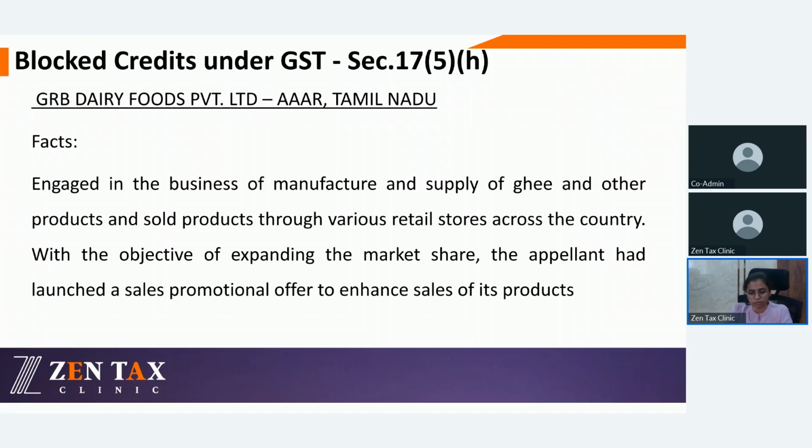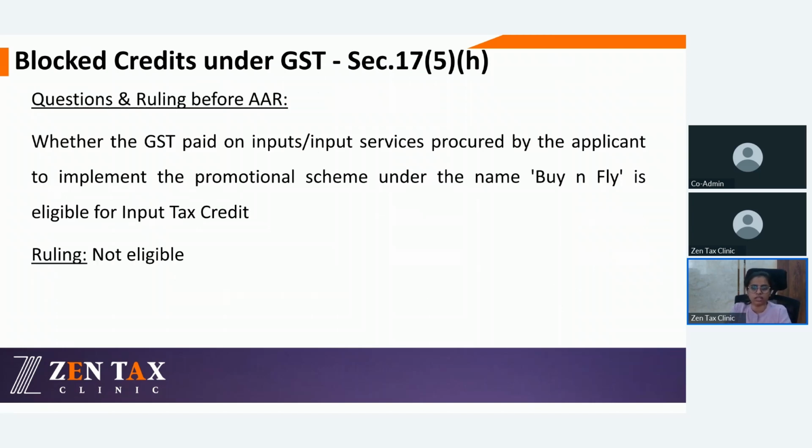They gave sales promotional targets or reward points. Based on the reward points, they had a promotional scheme called Buy and Fly. If you cross a certain number of reward points, then you can go on a trip to another country. So whether the inputs or input services incurred by the applicant to implement the promotional scheme are eligible for ITC was the question that they put forth.